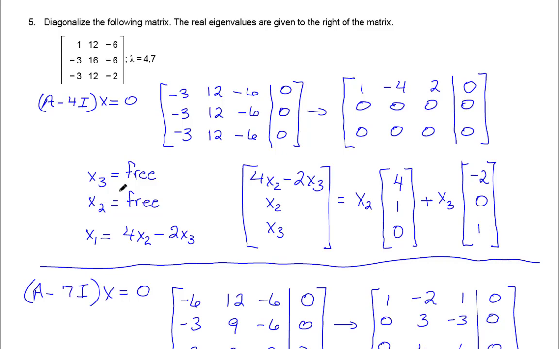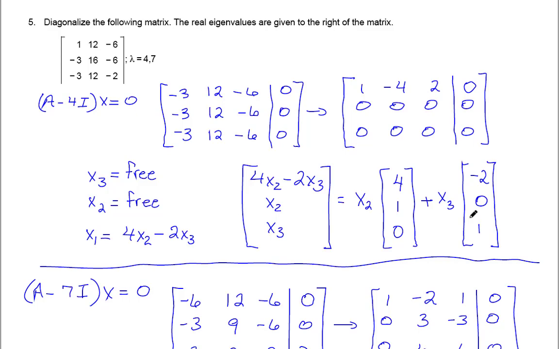And so what I get is x3 is free, x2 is free, and x1 depends upon x2 and x3. Splitting it up, I get x2 times 4, 1, 0, and x3 times minus 2, 0, 1. So we get two column vectors for that single eigenvalue.